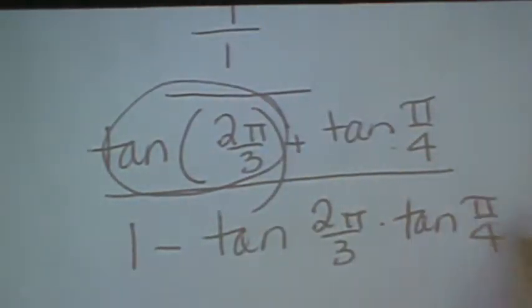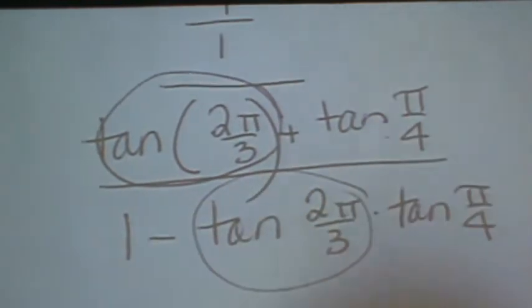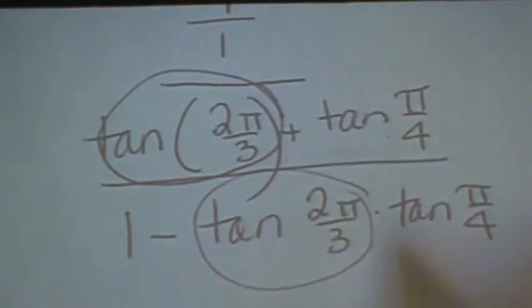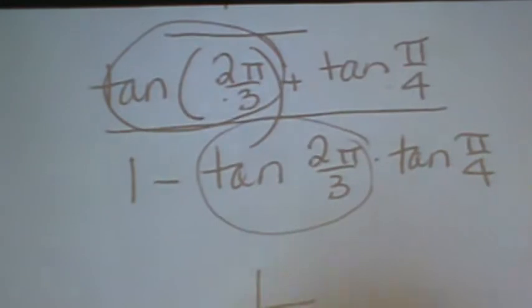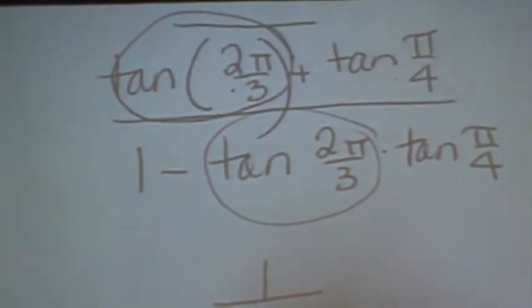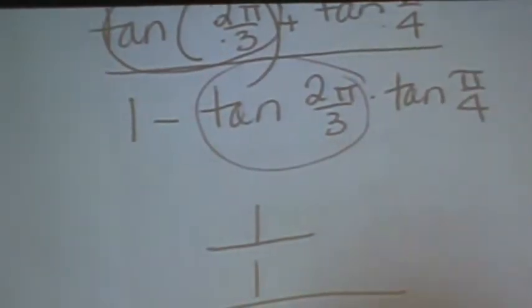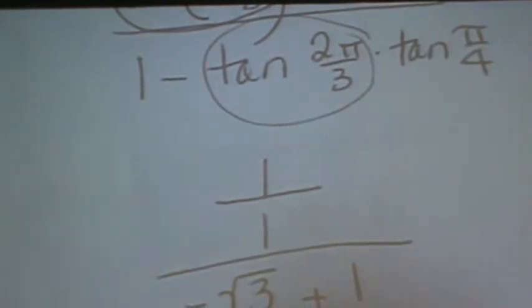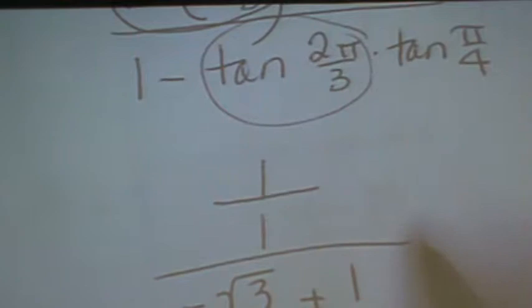So when you plug these in, this is going to be negative root 3, and so is this. So you have 1 over 1, and then this is going to be negative root 3 plus 1 over 1 minus the product of these, which when you multiply these two, you're going to get a plus. Whoops.